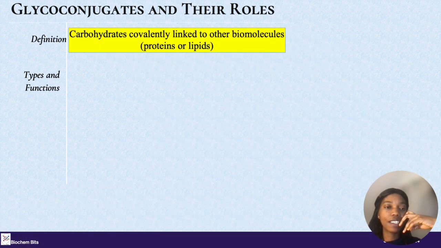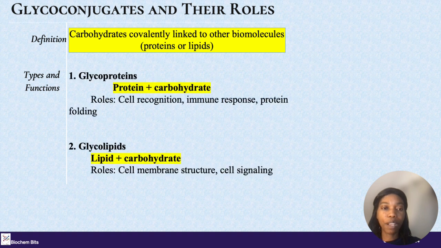Now there's something that I want to quickly look at, which is some glycoconjugates. We have carbohydrates covalently linked to other biomolecules like protein and lipids. So looking at protein, when protein links to carbohydrates it is called glycoproteins. Glycoproteins include the general glycoprotein, and this means that it is dominated by protein.